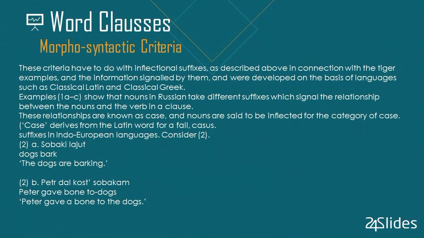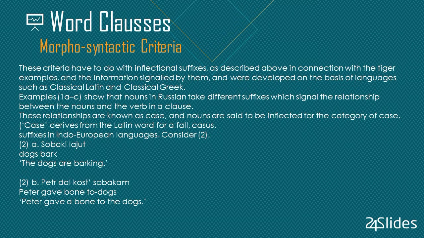The next one is morphosyntactic criteria. These criteria have to do with inflectional suffixes, as described above in connection with the tiger examples, and the information signaled by them, and were developed on the basis of languages such as Classical Latin and Classical Greek.